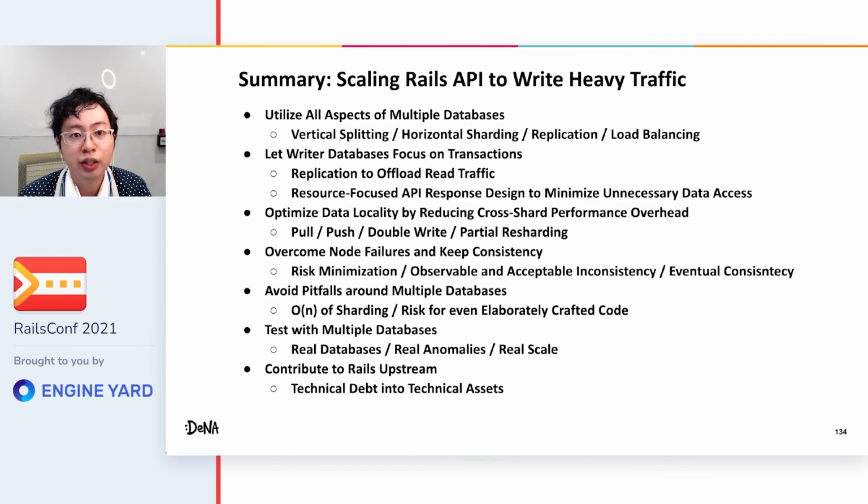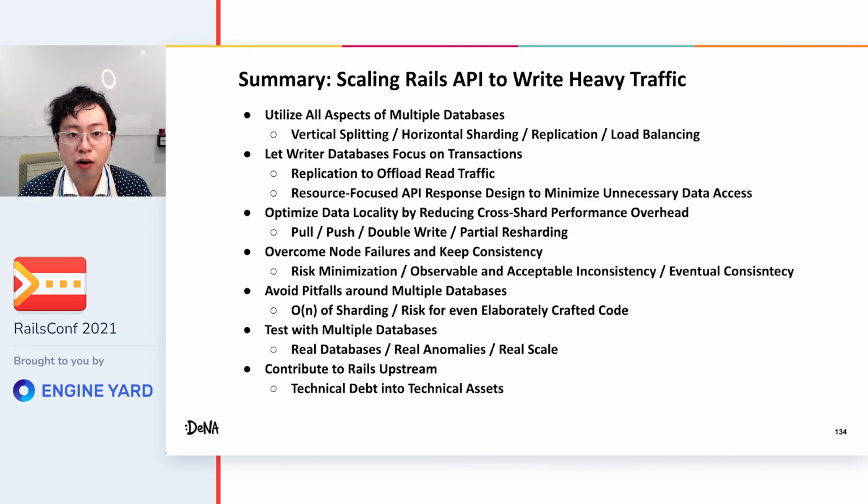After that, we introduced practically acceptable and scalable consistency. It consists of risk minimization, observable and acceptable inconsistency, and eventual consistency. We also learned some pitfalls and risks, even for elaborately crafted code. Therefore, we recommend testing with multiple databases.